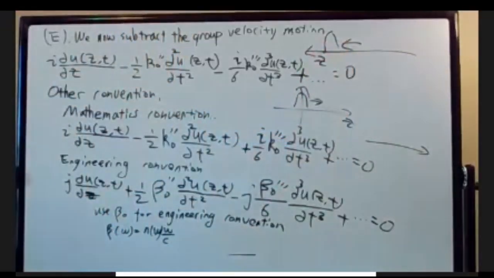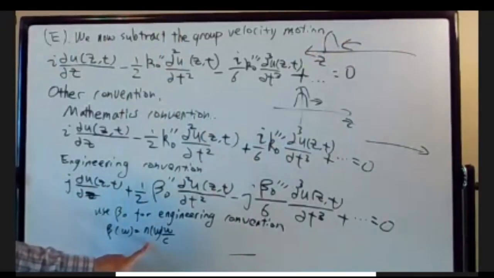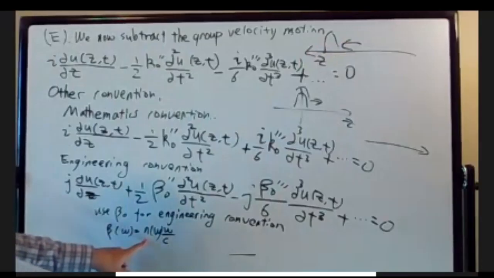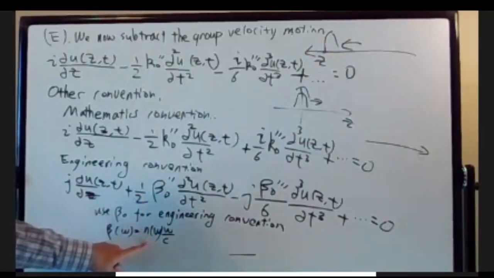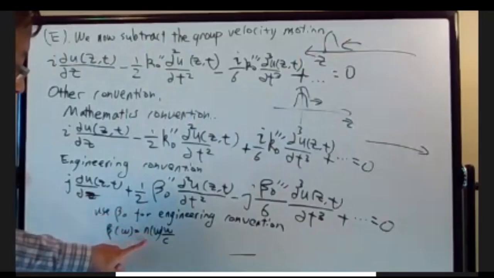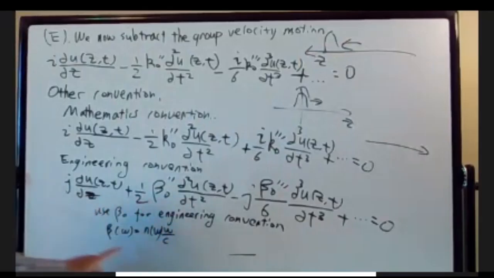So the z axis could be different, but the absolute value of beta cannot be negative because we cannot have a negative refractive index, except nowadays with metamaterials, we have negative refractive index. But for our context, we won't deal with a negative propagation constant.